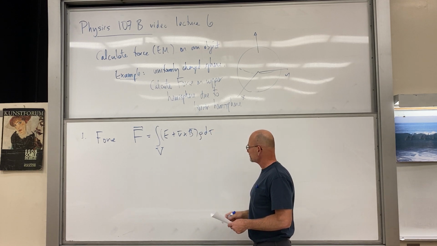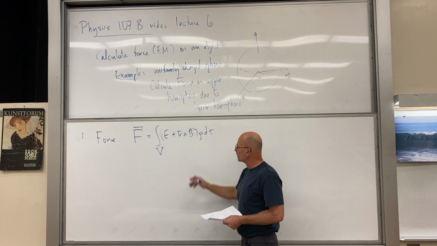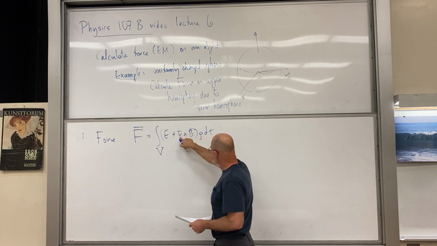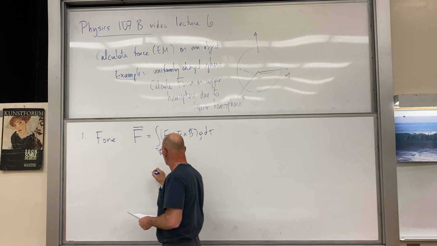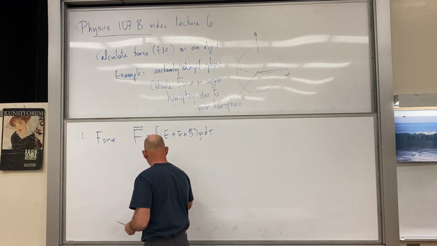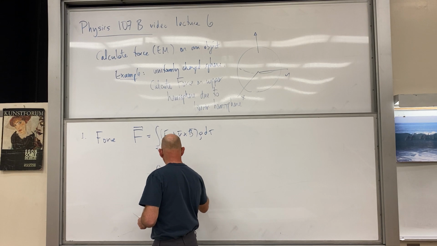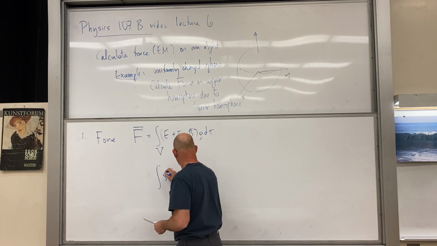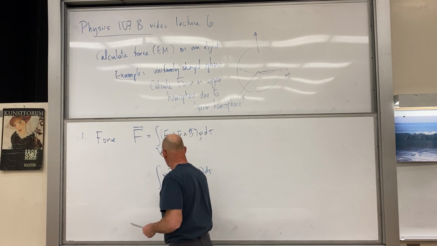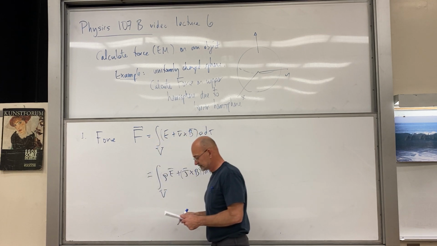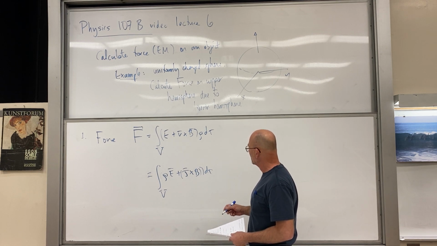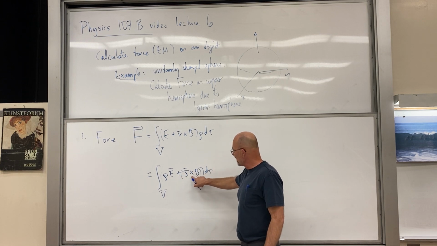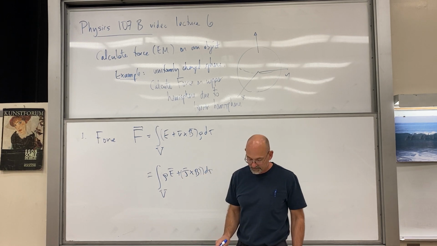And the next thing we do is we express it in terms of J. So instead of v, rho times v is J. So then we'll have the integral of rho E plus J cross B d tau over the volume. And then eliminate rho and J using Maxwell's equations.